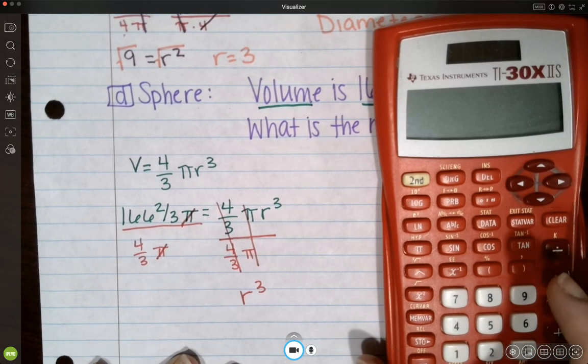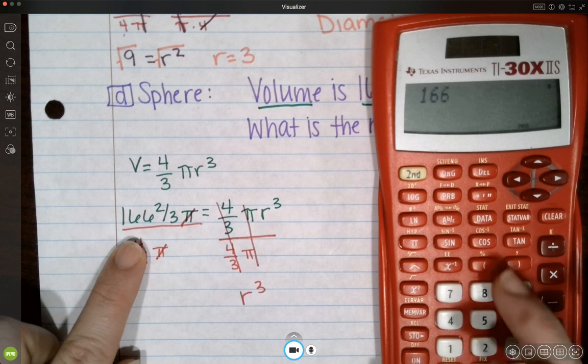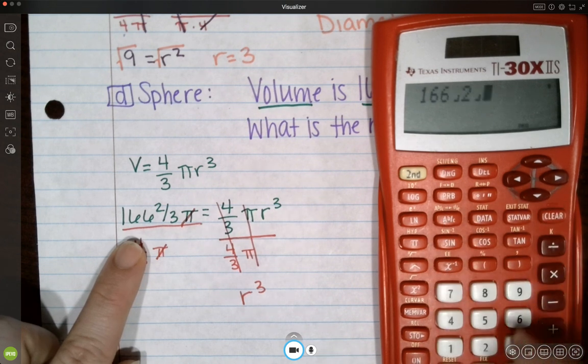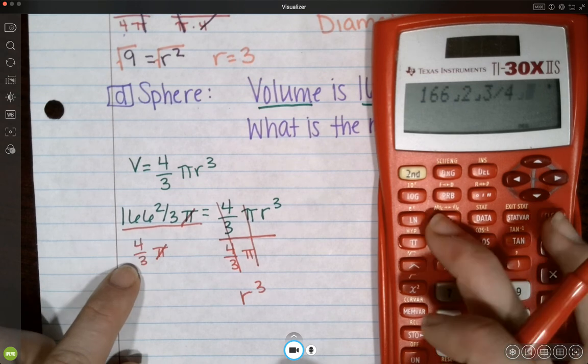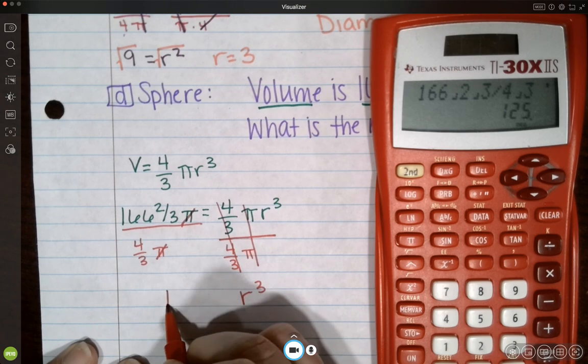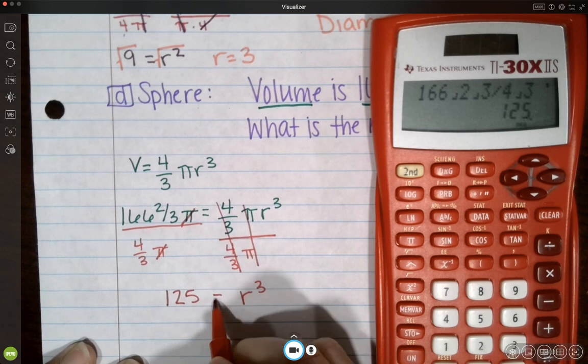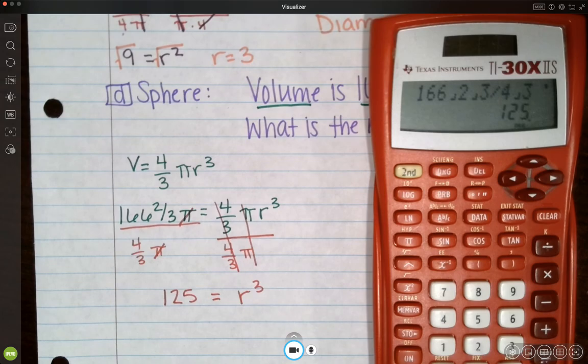So now we have to plug in exactly what we have written. 166 and 2/3 divided by 4/3 equals. So we have 125. And again, that is when the radius is cubed, so we need to undo cubing. So that means we have to take the cube root of this answer.